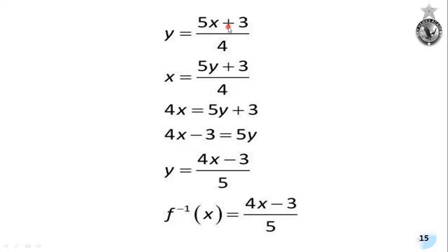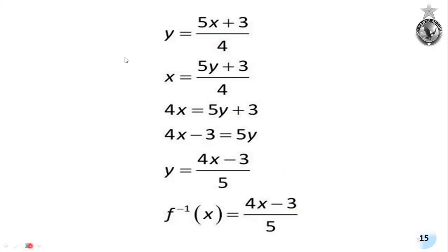This is a positive sign and we have negative 3. 3 is a constant, nothing to do with that one. Here the denominator was 4, and we have 5 now. So these are the practical steps.